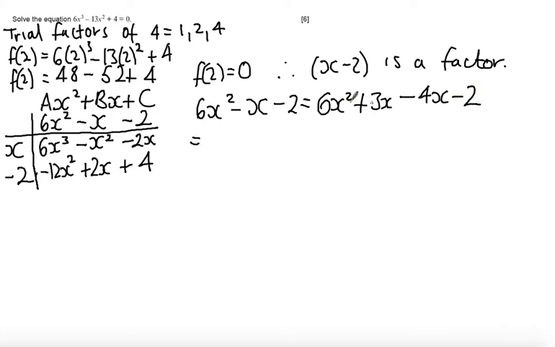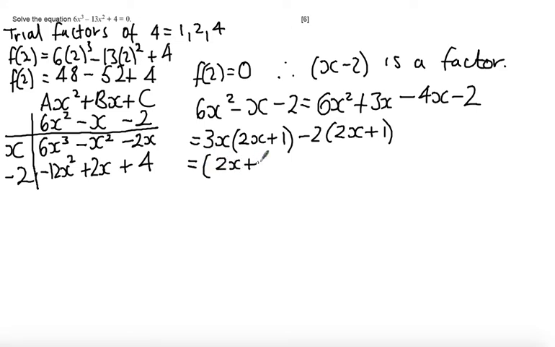Factorising the first two terms, I can take 3x out as a common factor, so I get 2x plus 1. For my second term, if I take out minus 2 as a common factor, I get another bracket which is 2x plus 1, and I can finish off by taking the 2x plus 1 outside as a common factor, leaving the 3x minus 2 inside another bracket as my final bracket.